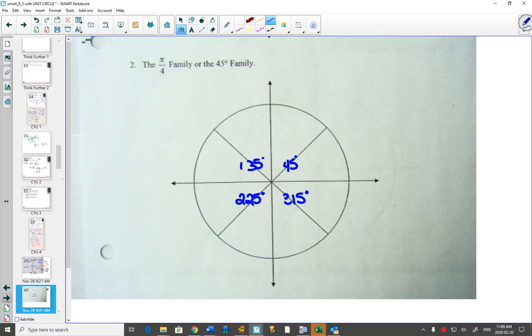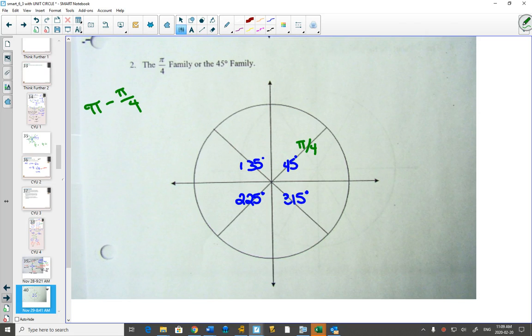In radians, 45 degrees is pi over 4. If you want to find the same angle in quadrant 2, that same reference angle, in degrees you went 180 minus 45 degrees. In radians you would have to do pi minus pi over 4.